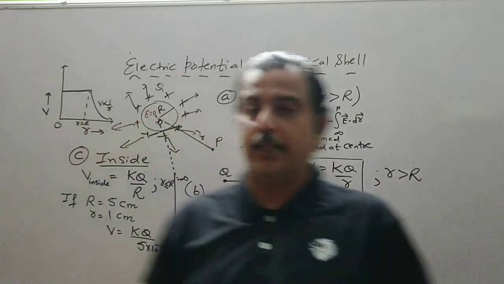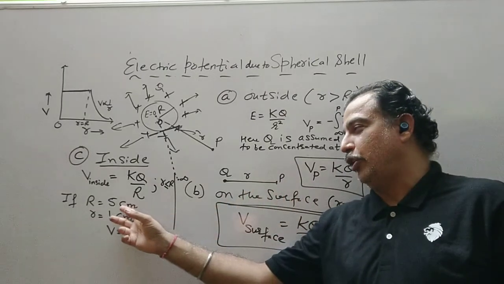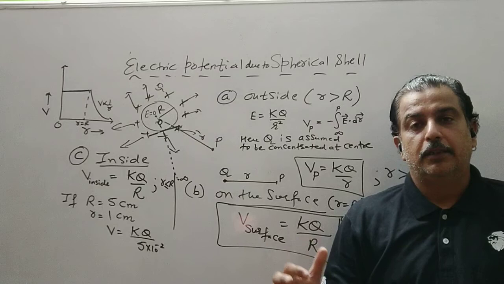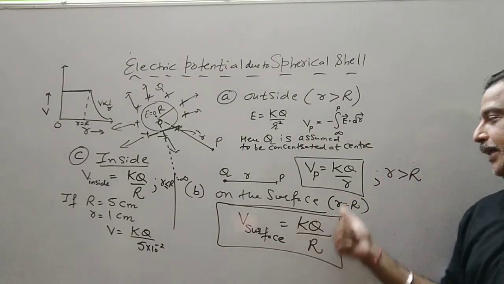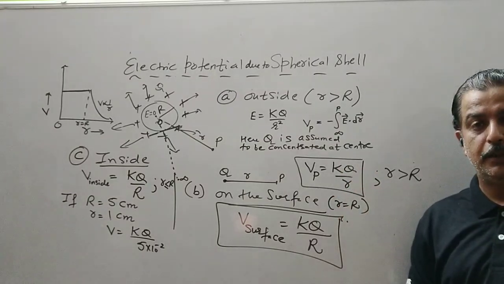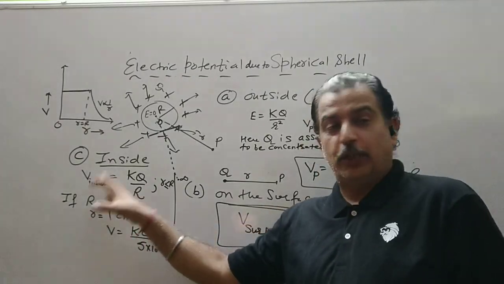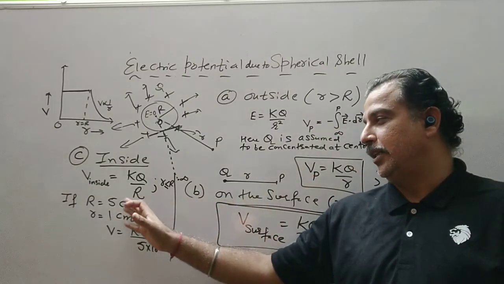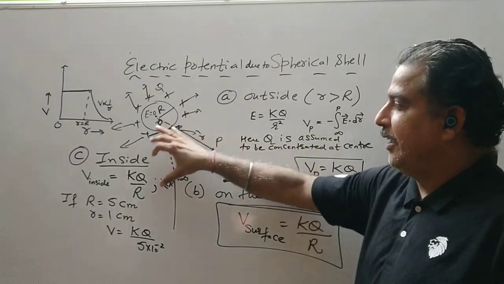Beyond 5 centimeter, suppose it says the radius of a hollow sphere is 5 centimeter, find the potential at a point 6 centimeter from the center. So kq by 6 centimeter. So inside, the potential remains constant.